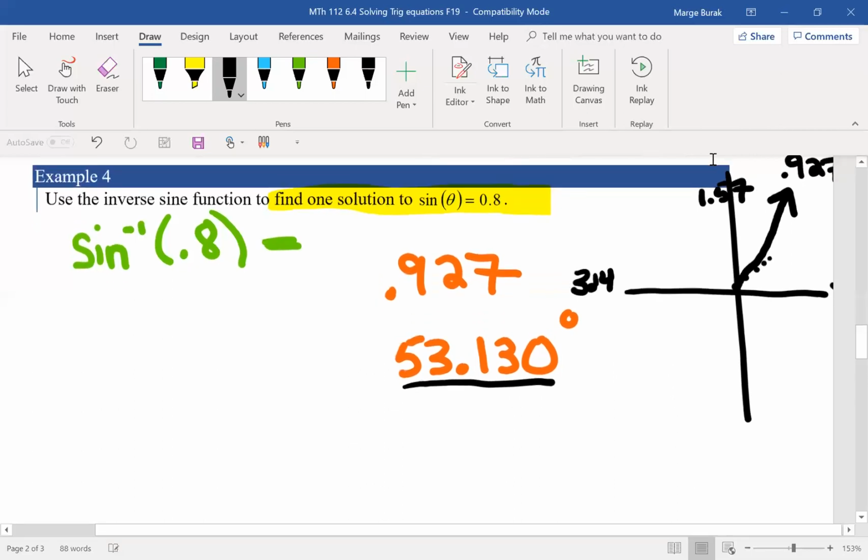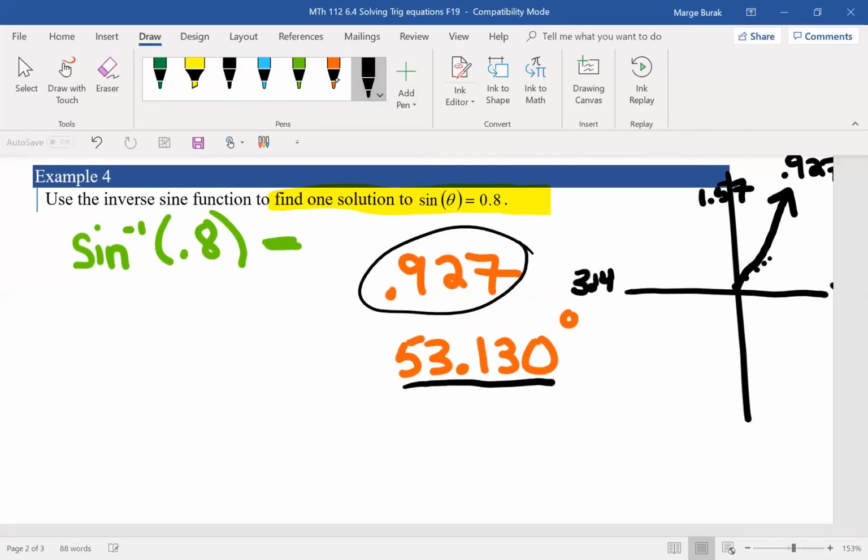So you want to kind of practice knowing radians and degrees. Okay. So it says find one solution. Well, we did. And you mostly always want to work with radians when you're working with functions and it's not specifically solving for an angle.